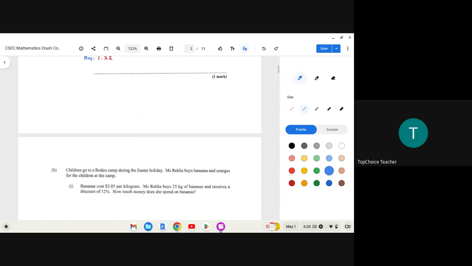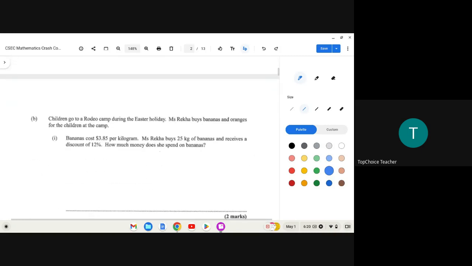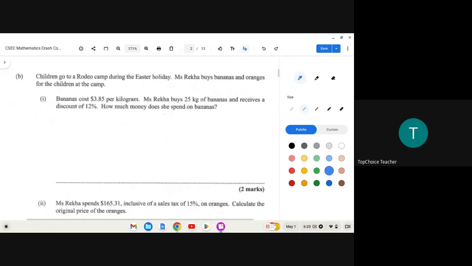Okay. Quickly, let's look at this part of this question. This is a good question where I can help you all look at the step-by-step analysis. We have a consumer arithmetic question here. The question says children go to a rodeo camp during the Easter holiday.